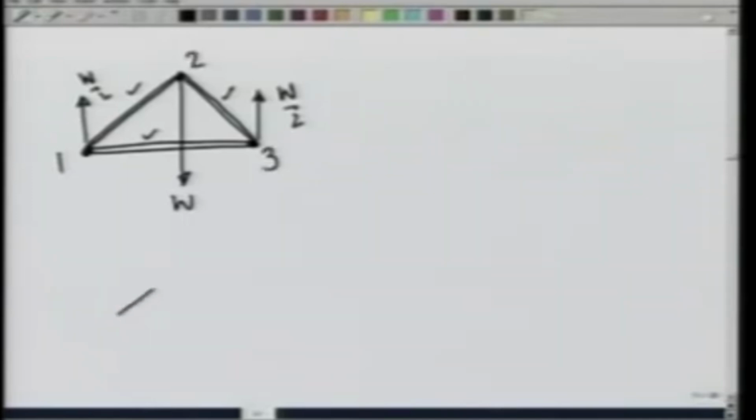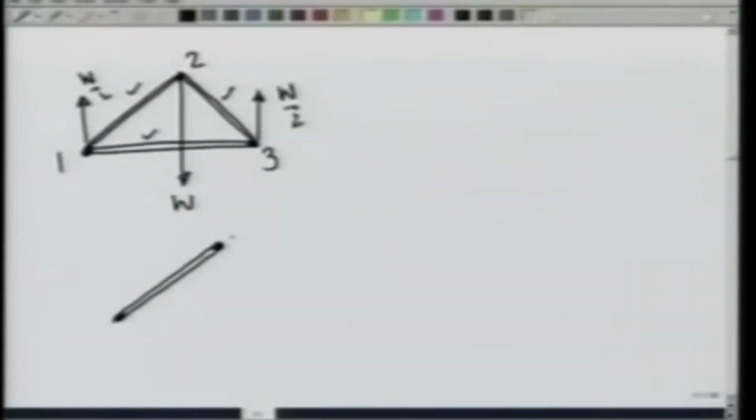Let us look at rod 1, 2. It is in equilibrium under the forces that are applied on it by this pin here and this pin here. Only 2 forces. And remember what I said in the beginning of the lecture, that if a body is in equilibrium under 2 forces, those forces are collinear.